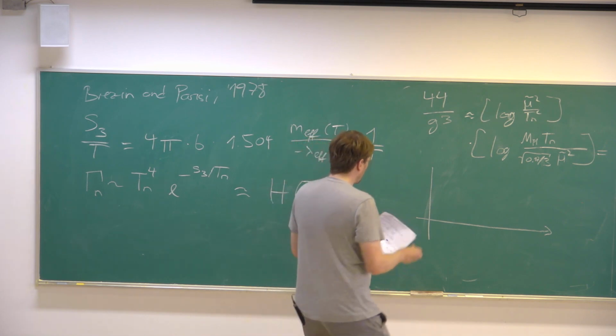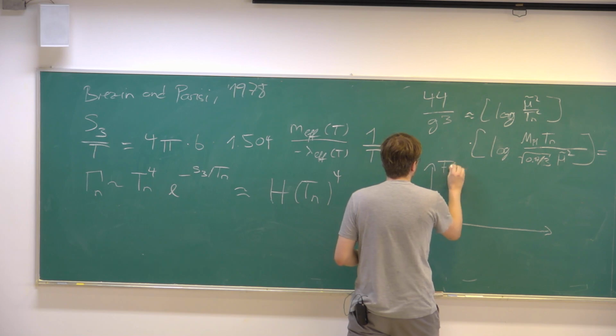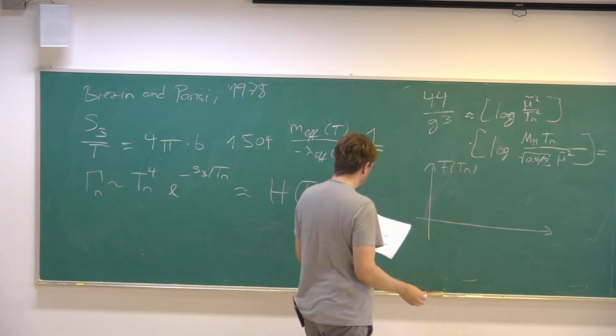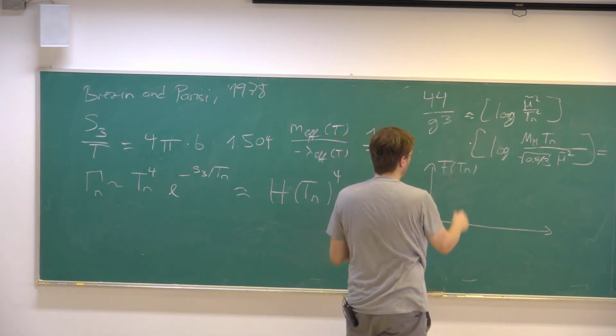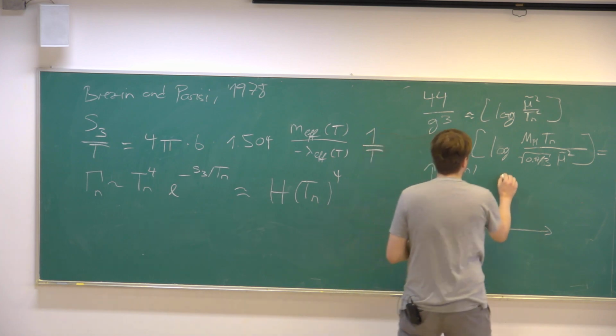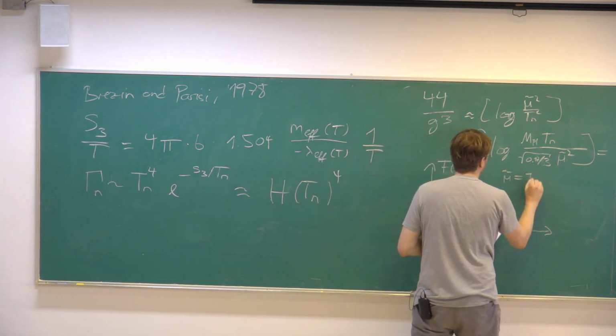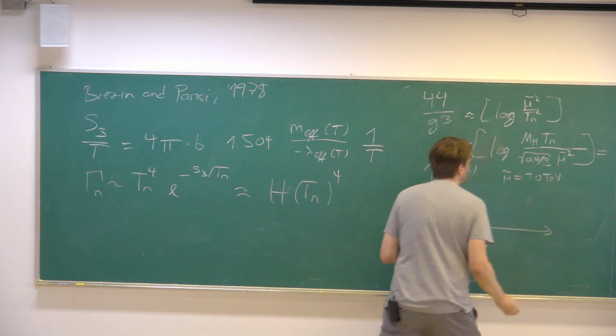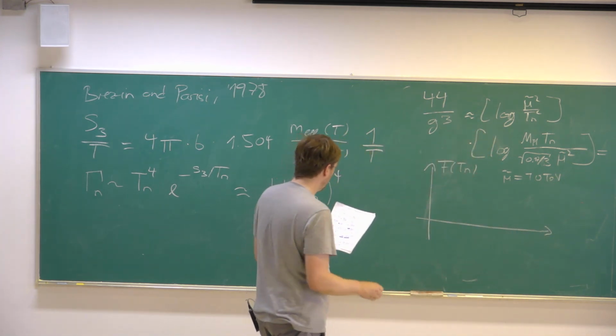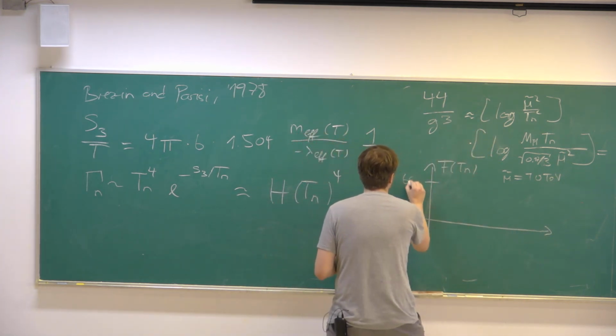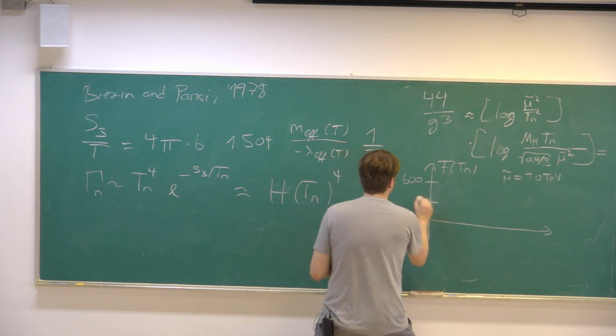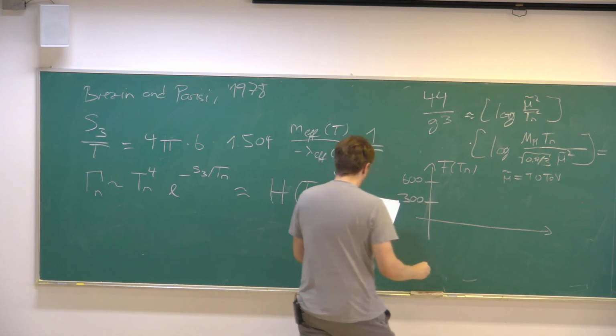Okay, so let me just quickly plot this, and then I can show you some. So this is the function f of Tn that I defined here, and now here I did it for mu tilde, just as an example, and you see that it goes like this. I just need to give you some idea how it behaves.